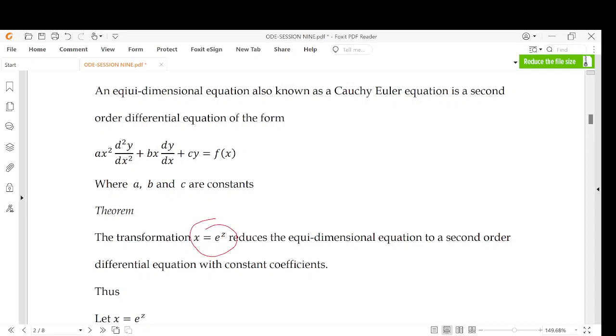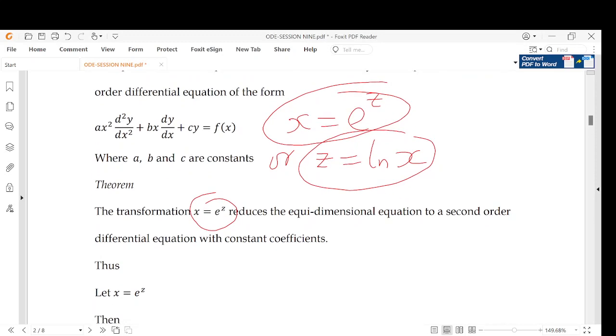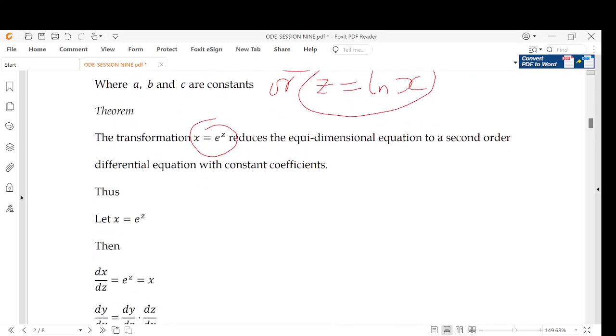So we shall write x is equal to e raised to power z, or even z is equal to logarithm of x, so that we can differentiate z with respect to x, or even we can differentiate from here x with respect to z. Whichever way we do it, we should end up with the same result.